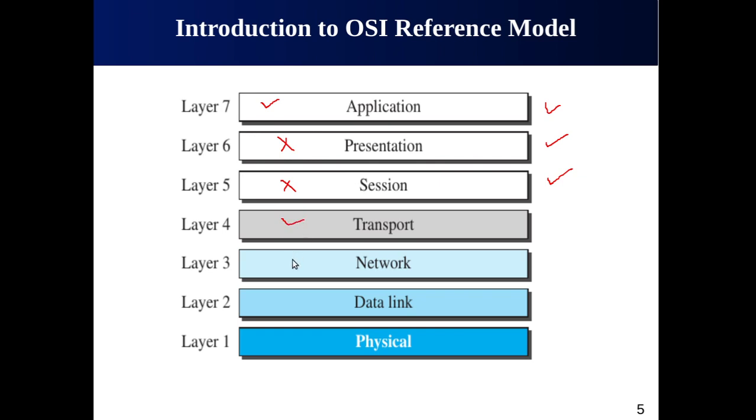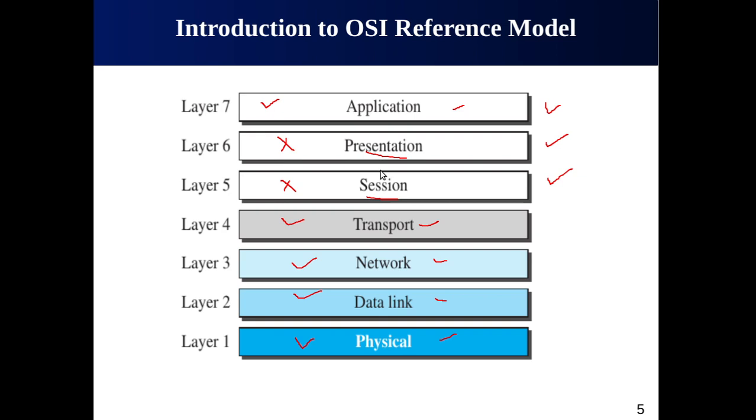Yes, we do have the transport layer, the network layer, the data link layer, and the physical layer. The functionality of the transport, network, data link, physical, and application layers is exactly the same as we defined in the TCP/IP model. However, what's new for us is the presentation layer and the session layer.